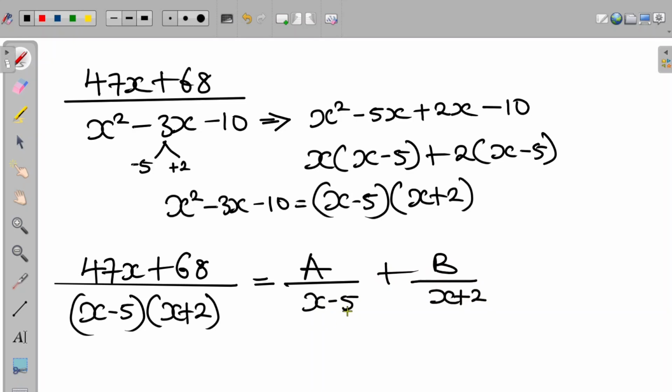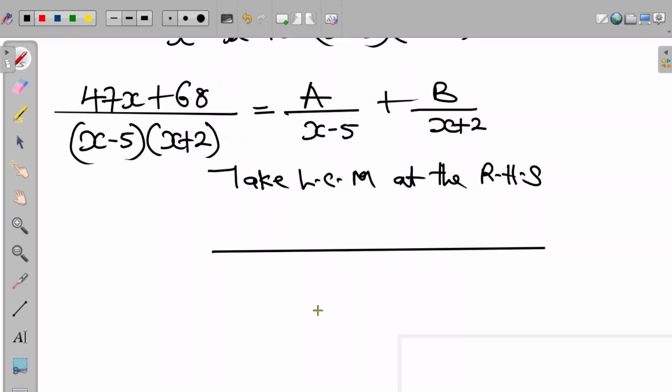So at this point, we have to work our way to obtain the values of A and B. The first thing we do here is take the LCM on the right-hand side. So if we take the LCM on the right-hand side, we have (x - 5) multiplied by (x + 2).